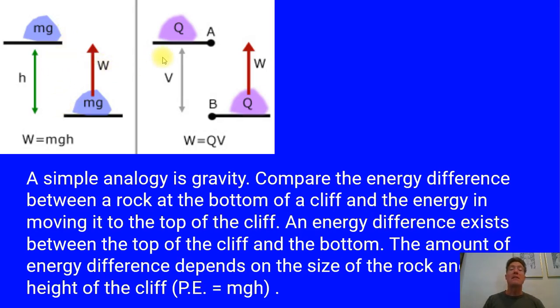That's similar to what's happening with charge, because here we have a higher charge and a lower charge. Charge, just like the rock, wants to go from high to low. It wants to fall down and get to this lower point. And you could do work by letting it fall, by letting it jump.